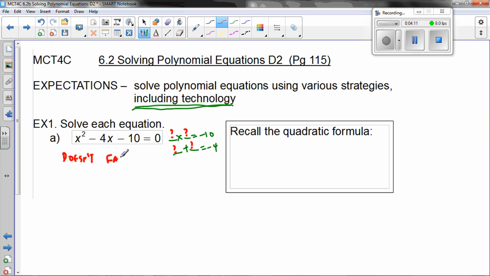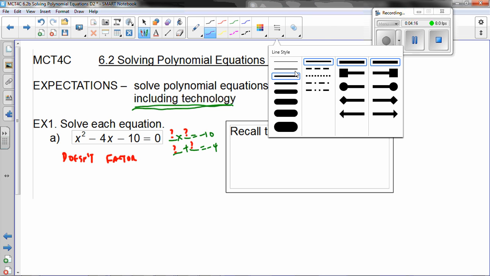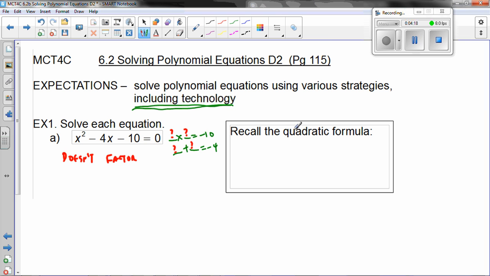But if you remember, there was a technique, and you learned about this in grade 11 probably, and maybe in grade 10, depending on what class you took in grade 10.